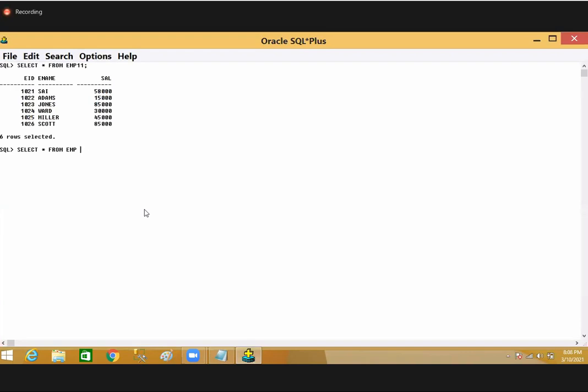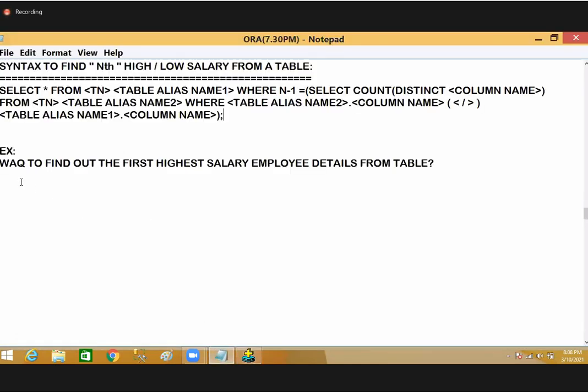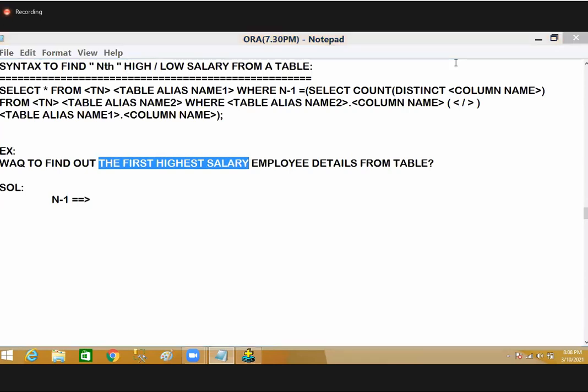Now I go here: emp e1 is the alias, where my formula is n minus 1. Which highest salary are we finding here? The first highest salary.